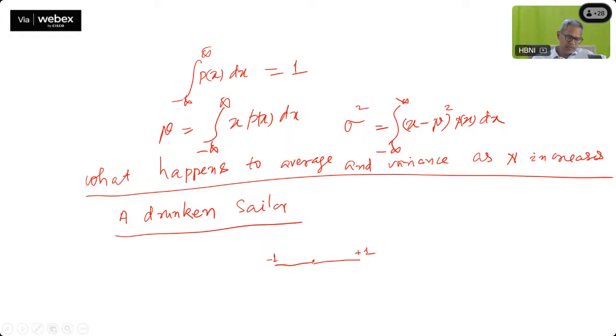But he's doing this randomly. So we say if he's going left, then it is -1, and if he is going right, it is +1. So the sample space of X is basically -1 or +1.